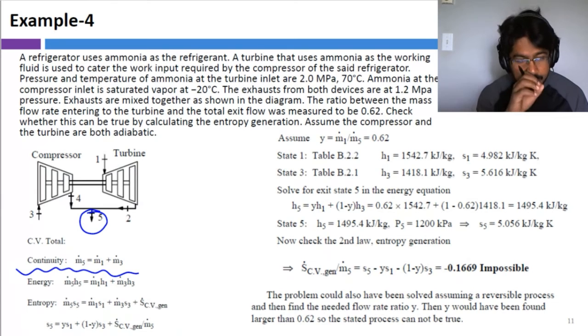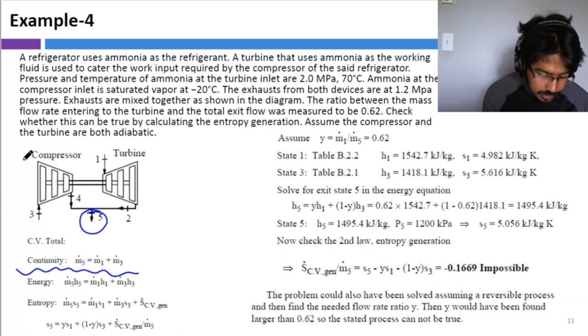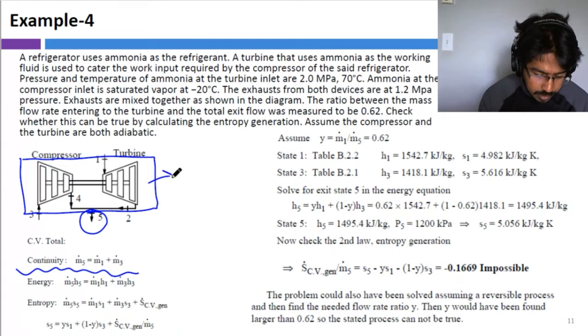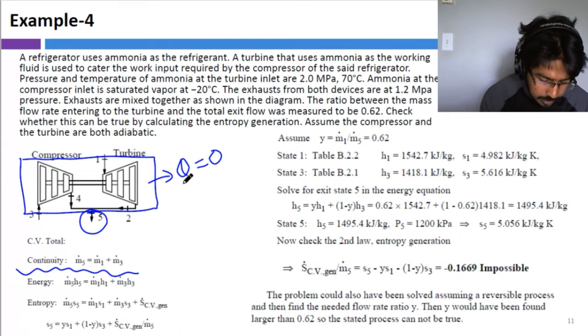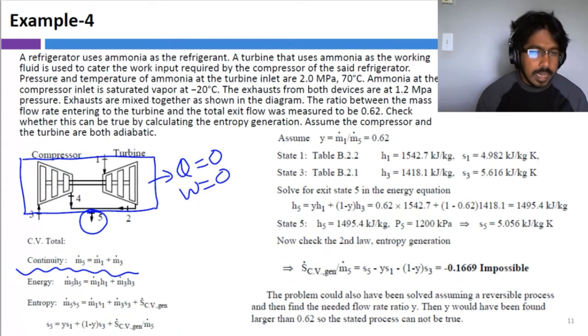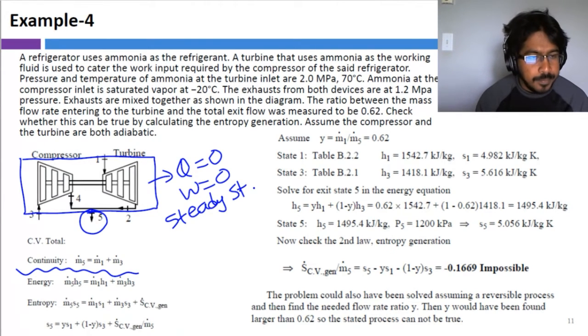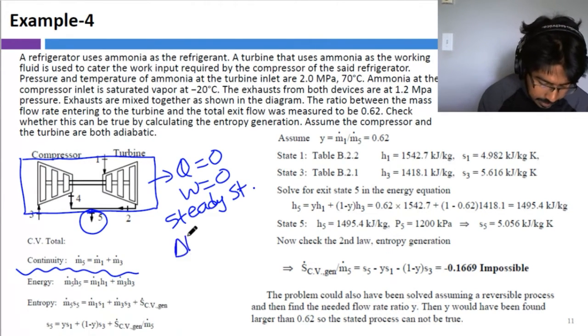Now if we apply the first law equation to the system boundary that we defined here, you see Q is equal to 0, W is equal to 0, steady state, and delta KE is negligible.